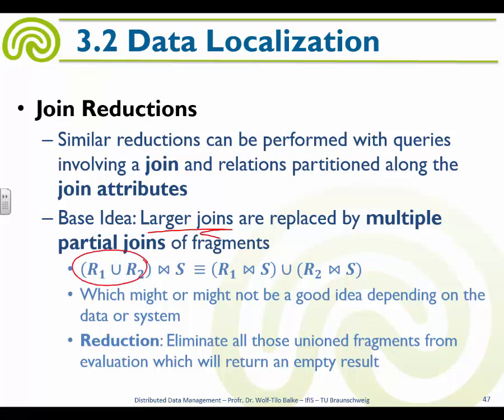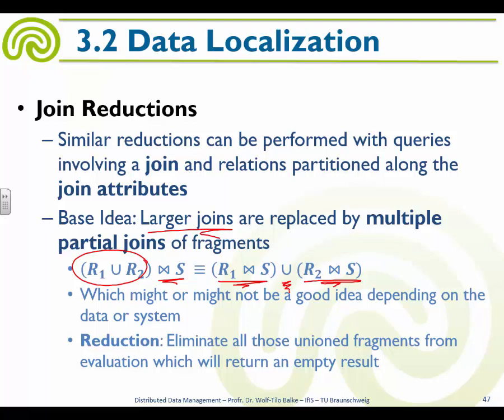So the global table R joined with S is exactly the same as joining the first partition of table R with S and joining the second partition of table R with S and then doing the union, right? So this can be distributed and this might or might not be a good idea depending on the data and what you have.